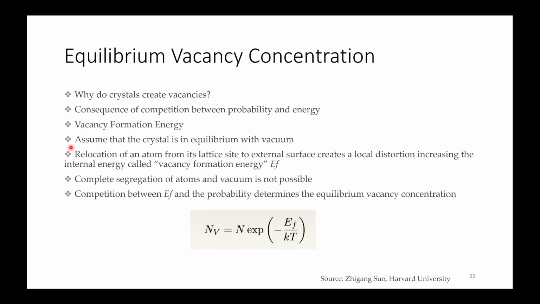Now we assume that the crystal is in equilibrium with vacuum, so there will be relocation of an atom from its lattice site to the external surface, which will create a local distortion, increasing the internal energy, called the vacancy formation energy. So this energy is required, and complete segregation of atoms in vacuum is not possible. The competition between EF and the probability determines the equilibrium vacancy concentration.